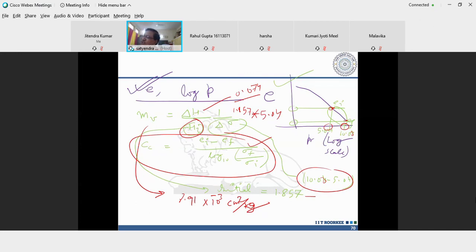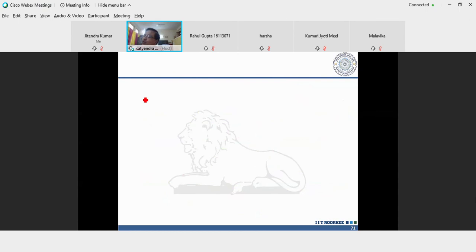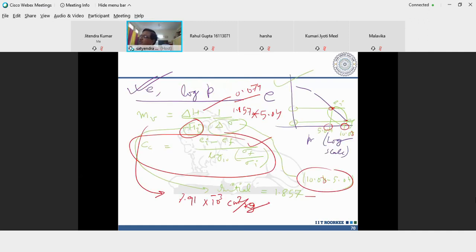So CC value you will calculate, and this value is very useful for computation of the clay strata settlement by using this equation: CC into H upon 1 plus e0 log to the base 10 of P0 plus delta P upon P0. So here in this equation, the CC factor is used. CC factor you can calculate by taking the slope of this curve.